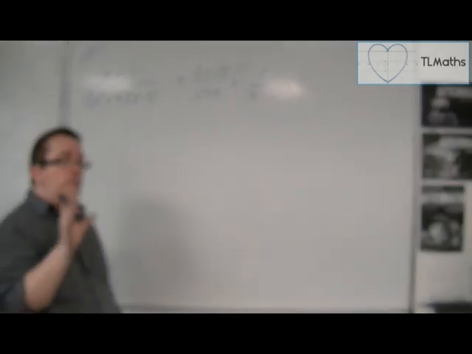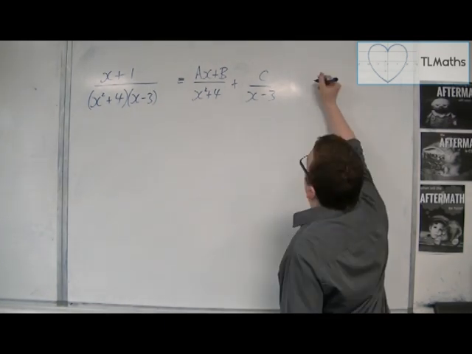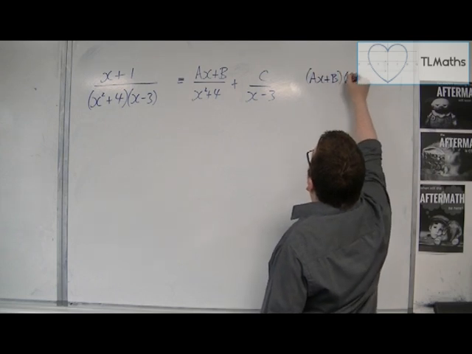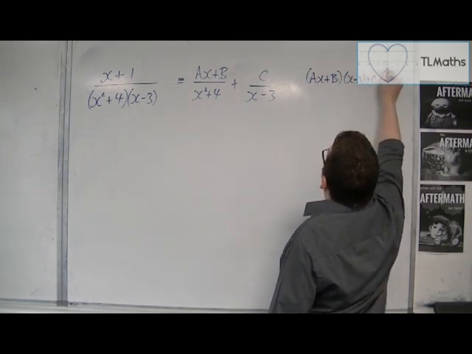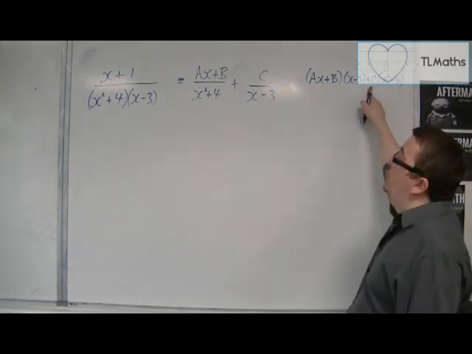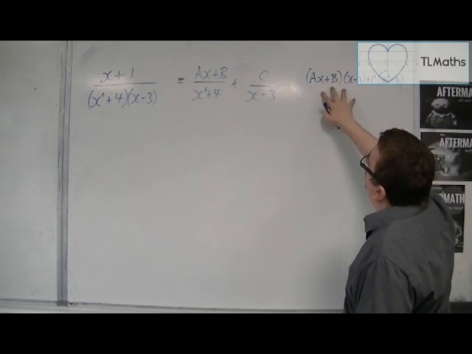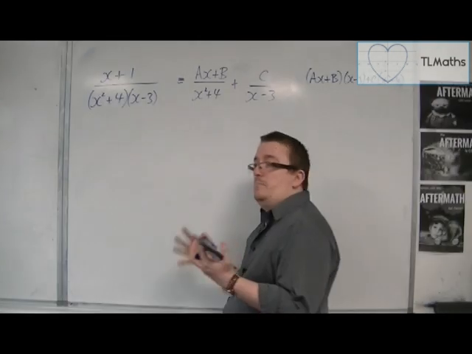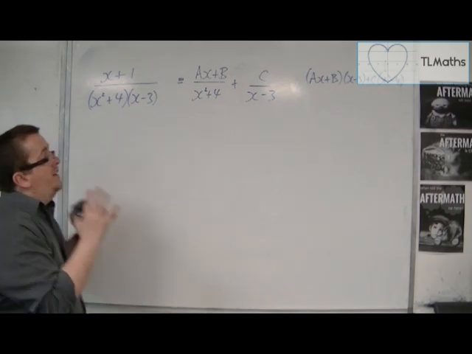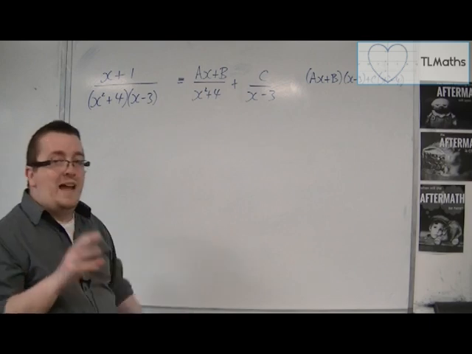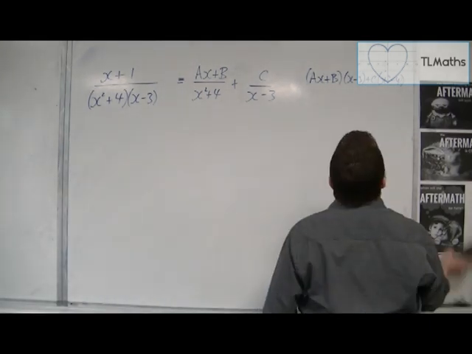The reason we do that is because now if I multiplied these together, I'd have (ax + b) times (x minus 3) plus c lots of (x squared + 4), and now c doesn't have to be 0, because I'm going to get an x squared from that term when I expand the brackets and an x squared there. So a combination of a, b and c means I don't have to have c as 0. That should now allow me to work through this problem.